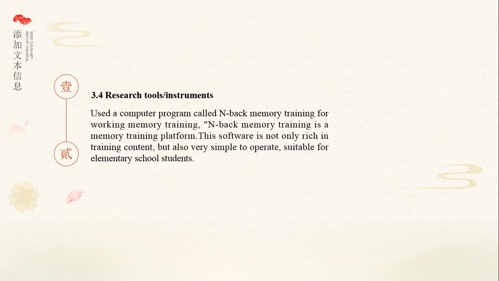And for the research tools, I used a computer program called NBAC Memory Training for working memory training. NBAC Working Memory Training is a platform. This software is not only rich in training content, but also very simple to operate, suitable for primary school students.